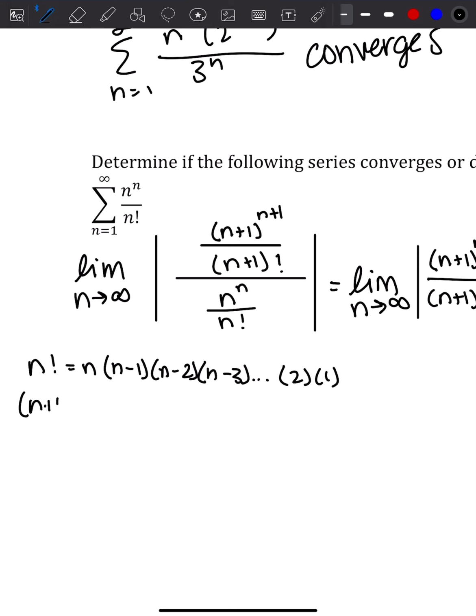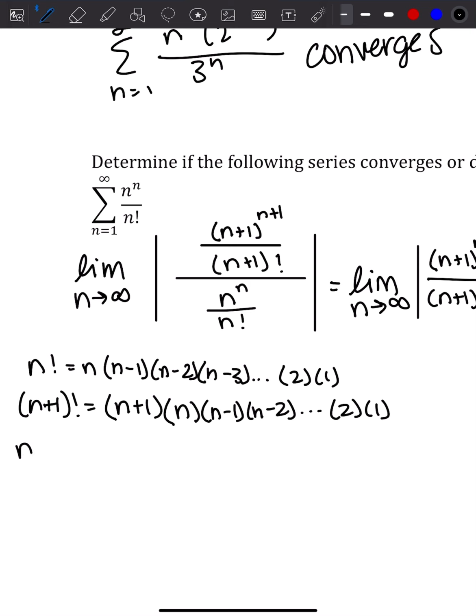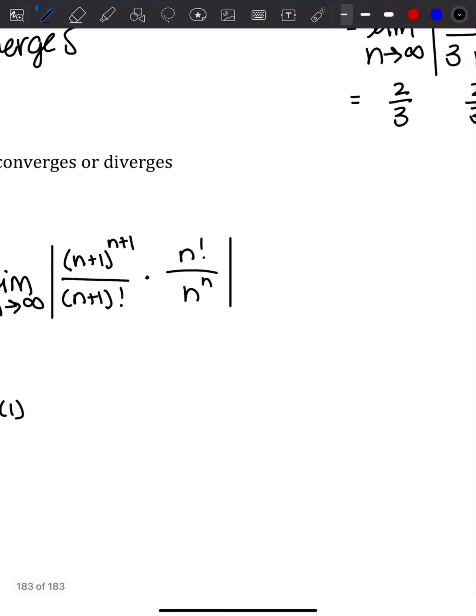N plus 1 factorial is equal to n plus 1 times n times n minus 1 times n minus 2, and so on until we get to 2 times 1. So if we rework these, n plus 1 factorial is the same thing as n plus 1 times n factorial. We're going to use that substitution to help us out here.